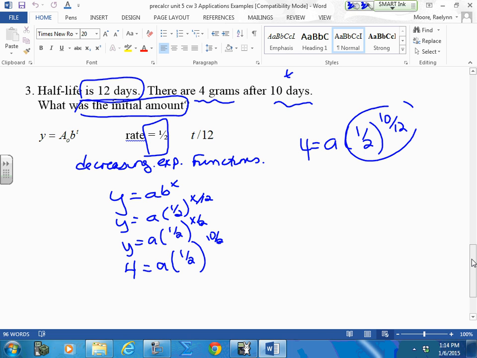These are factors. These are being multiplied. So technically, all I have to do is divide both sides by this mess. So take 4 divided by 1/2 raised to the 10 over 12, and we'll find out how much we initially started with.